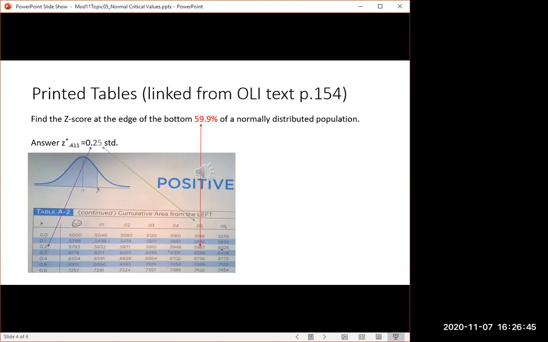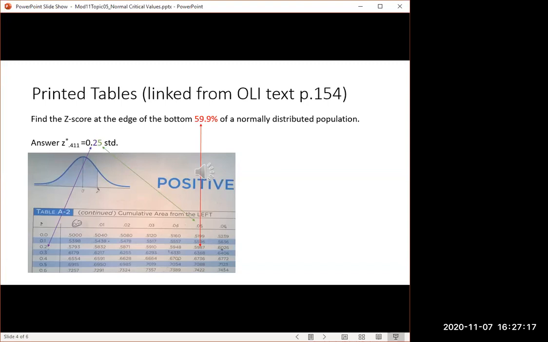The subscript on the z-score, this 0.411, the way that notation works is, it's the critical z-score at the edge of the top 41.1%. See, the edge of the top 41.1 is the same as the edge of the bottom 59.9, and that's the point we're looking for.